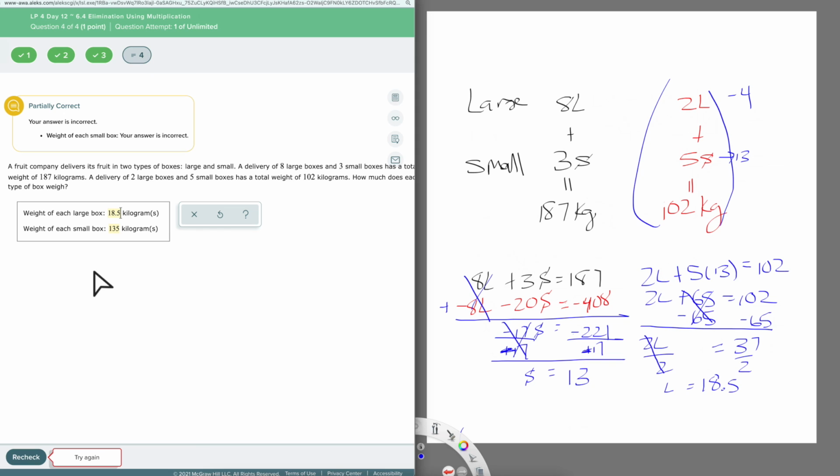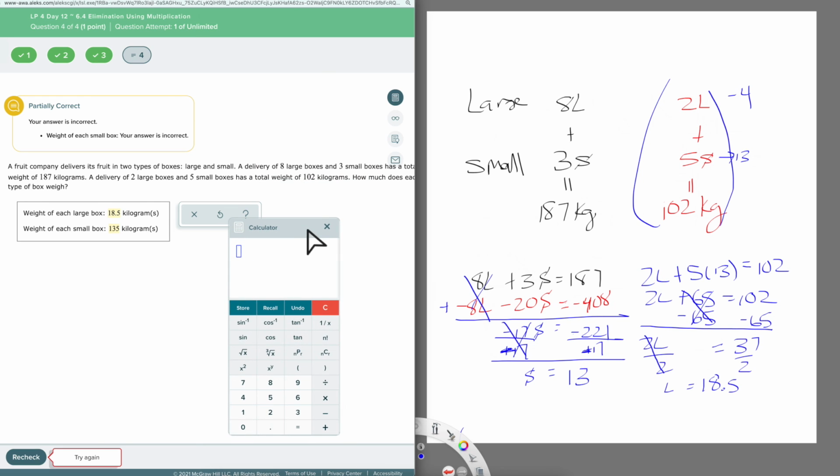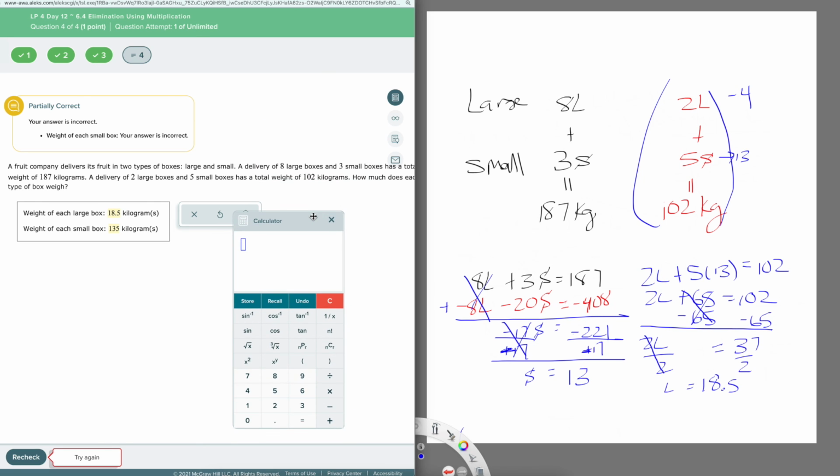Okay, so weight of small box, your answer is incorrect. All right, so what did I forget to multiply here? 2, 5, 102. Uh-oh, what did I forget? 8, 3, 187.